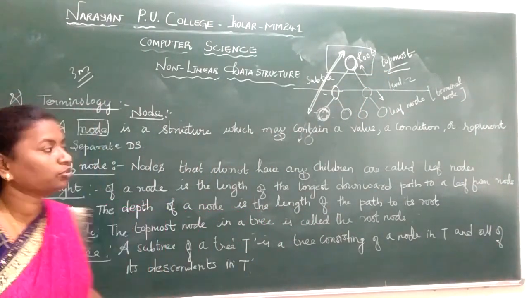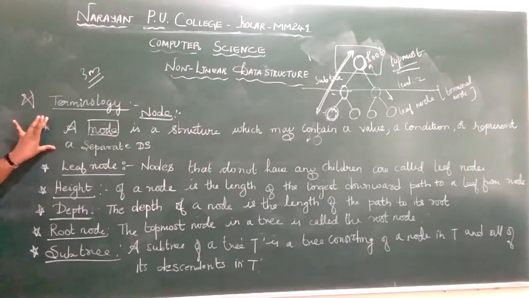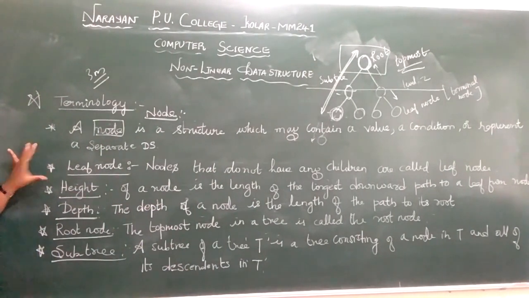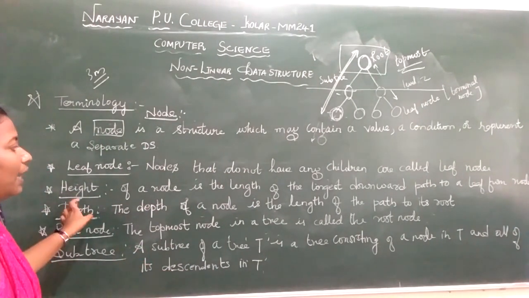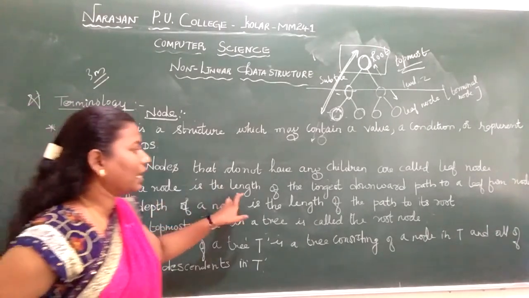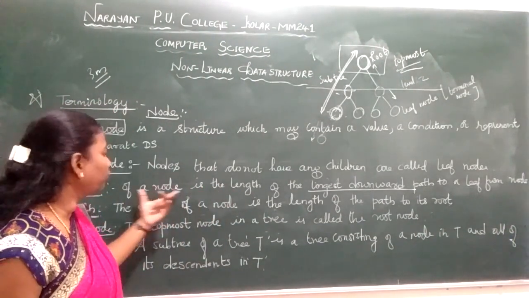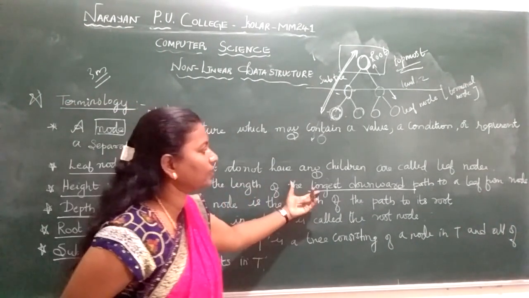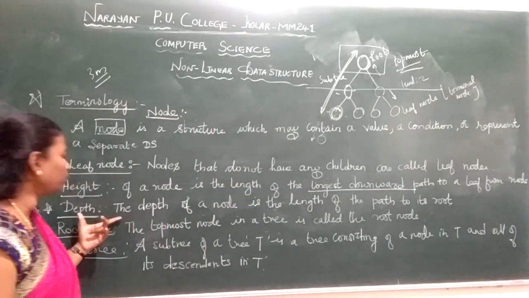So I repeat, you just make a note of it. What is a node? A node is a structure which may contain a value or a condition, or it forms a separate data structure. A leaf node is a node that does not have any child node. The height of a node is the length of the longest downward path to a leaf from that node.